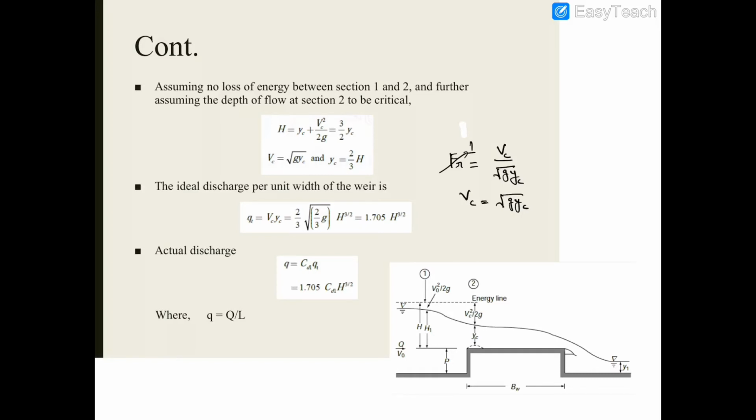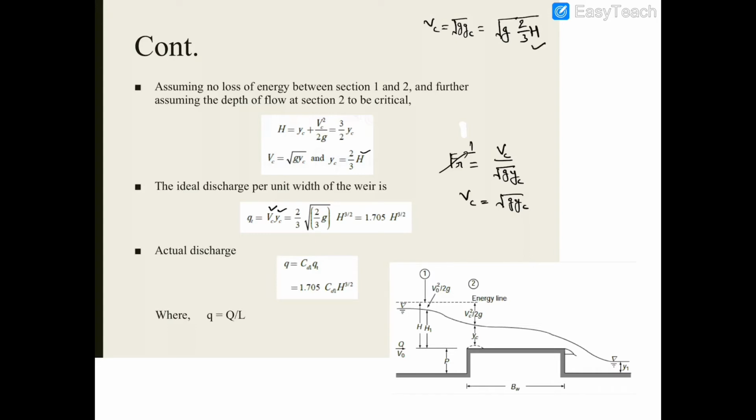Now substitute the value of Vc in terms of capital H, and also substitute the value of Yc in terms of capital H. Here Vc is root over g Yc, and Yc is 2 by 3 times H. So we substitute Vc in terms of H and g, and Yc in terms of H. Then we will have the equation of ideal discharge per unit width as 1.705 H to the power 3 by 2.